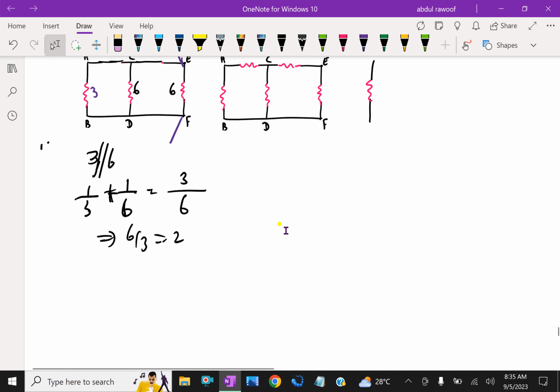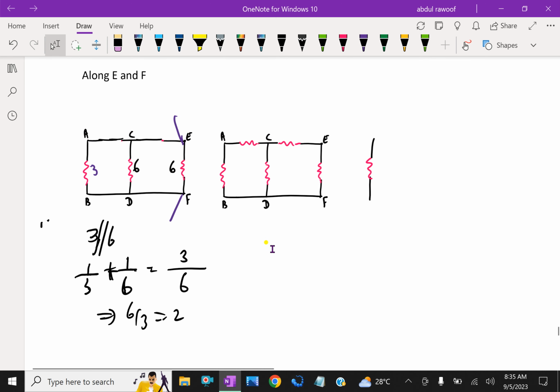So we have 3, 6, 2. This is equal to 3, 6 and 4 and 2 is 6. So now 3, 6, 6.